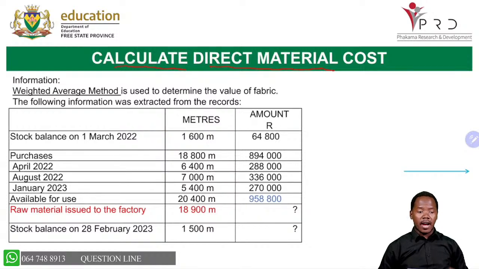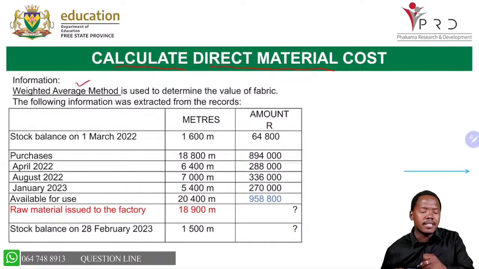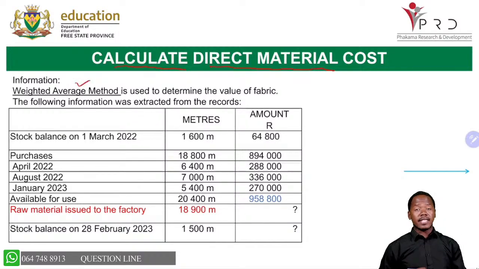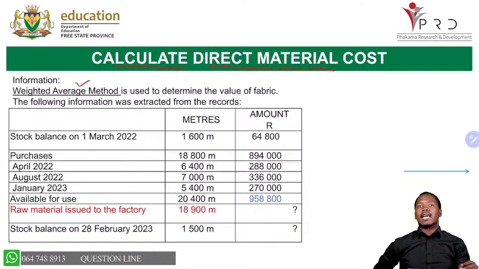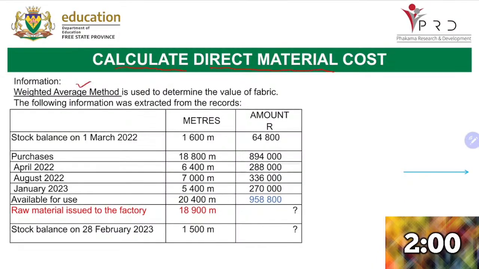Right, now what information are you given? You are given that the business uses the weighted average method to determine the value of fabric. And then here's the information given to us. Can we now use the information to calculate the direct material cost using the weighted average method? So you'll have 2 minutes to calculate that. The time starts now.